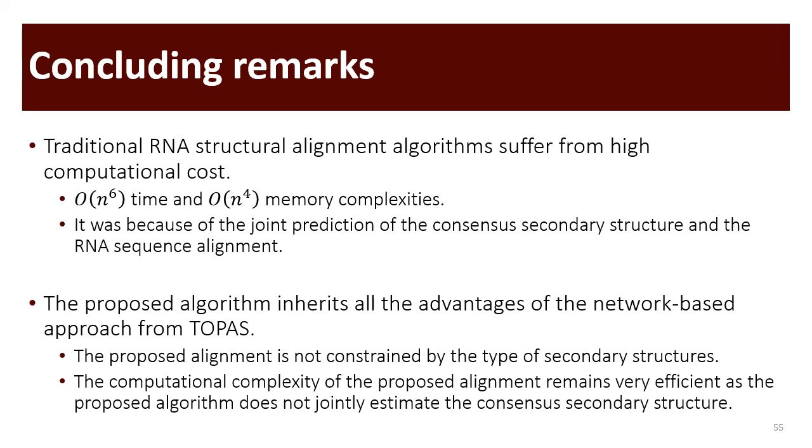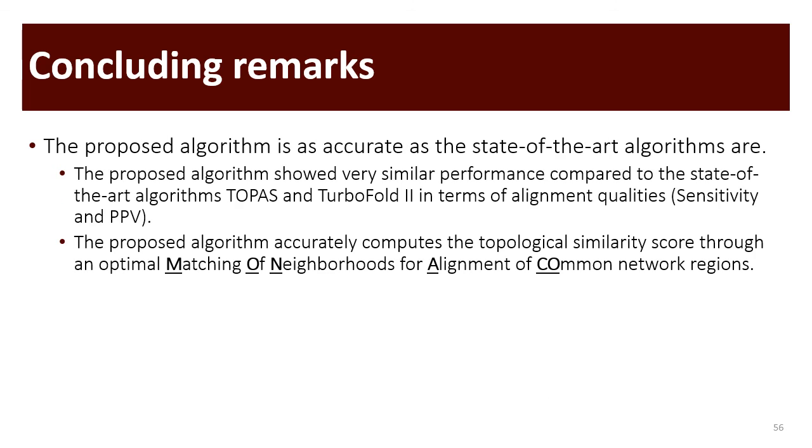Second, the computational complexity remains very efficient as the proposed algorithm does not jointly estimate the consensus secondary structure and RNA alignment. The proposed algorithm is as accurate as the state-of-the-art algorithms. It is because the proposed alignment algorithm accurately computes the topological similarity score through an optimal matching of the neighborhoods for alignment of common network regions.